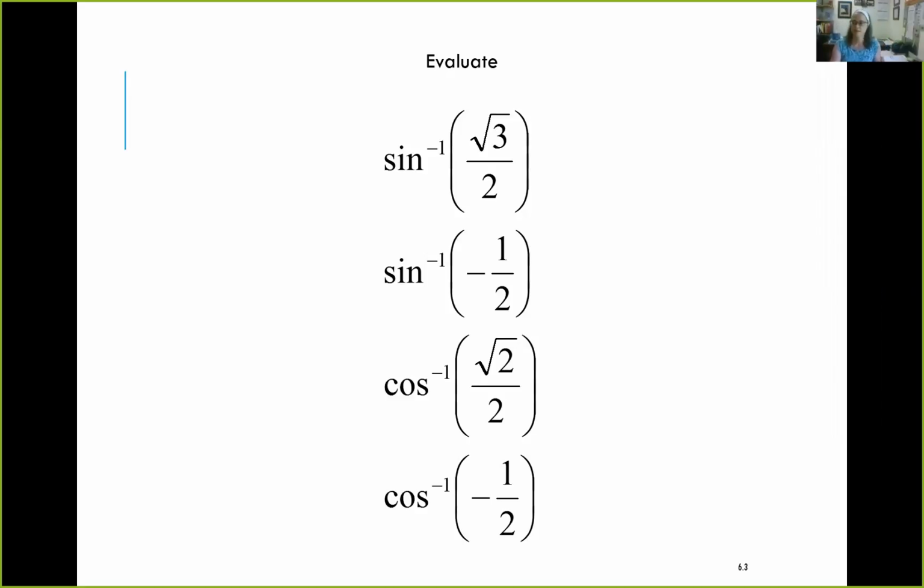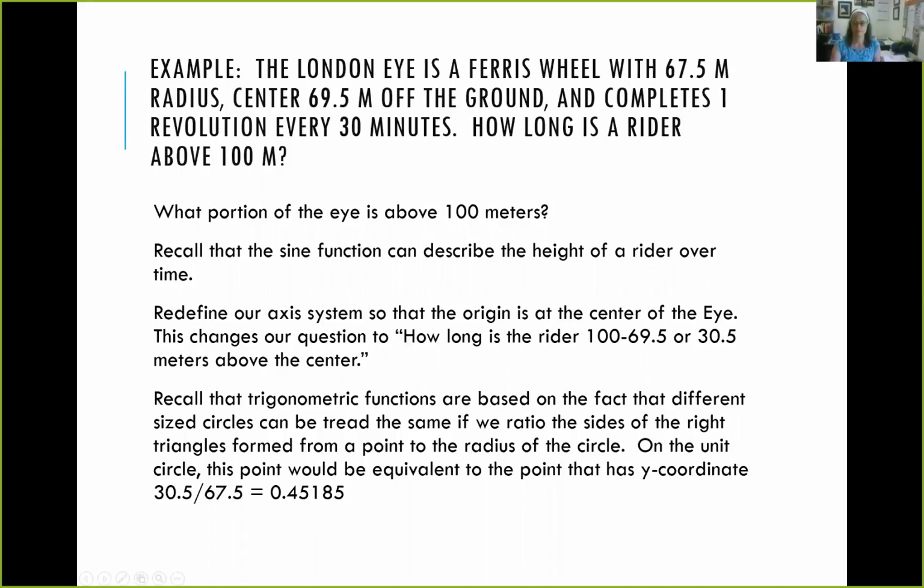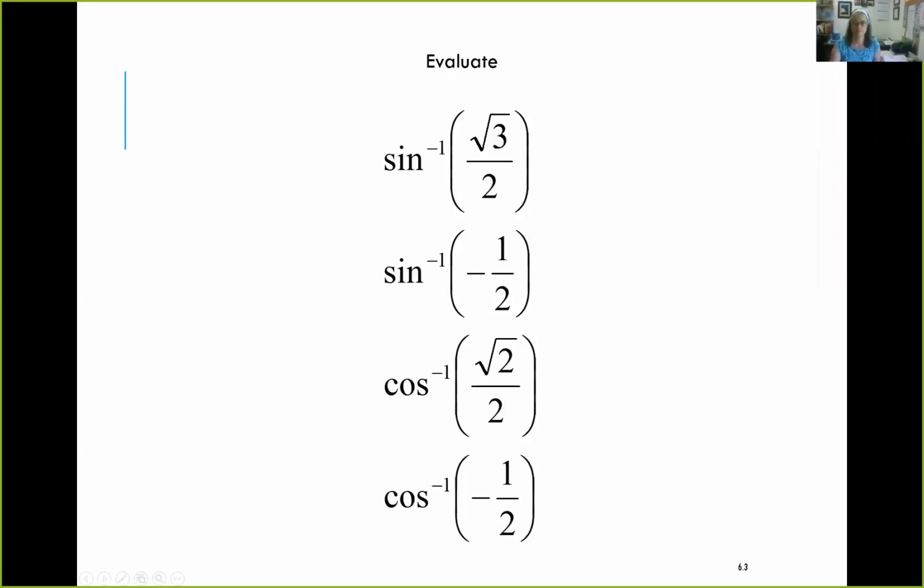So on that positive x-axis, only 60 degrees has got a sine of √3/2. Or, what is that in radians? Pi/3.